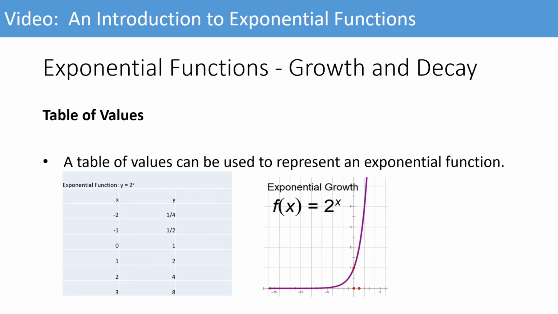So if I take y equal 2 to the exponent negative 2, I will get the result 1/4. If I continue this for every value in x, I will get the corresponding y values, and you will now be able to plot those on our graph.